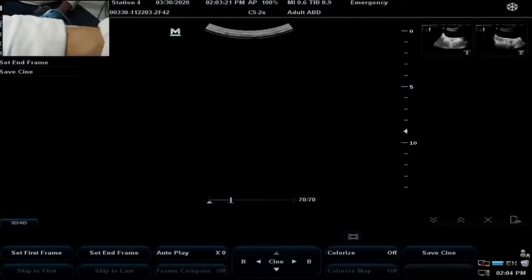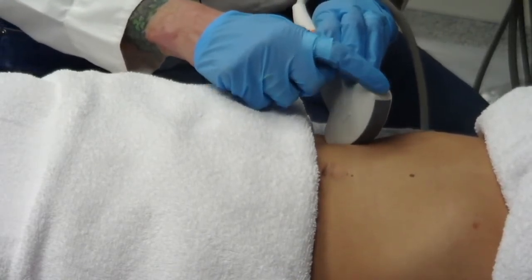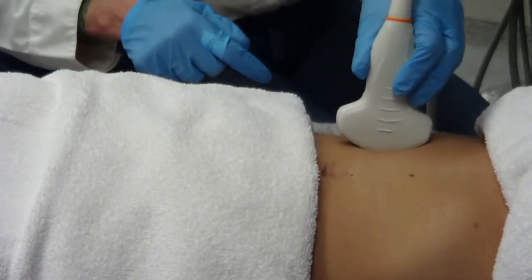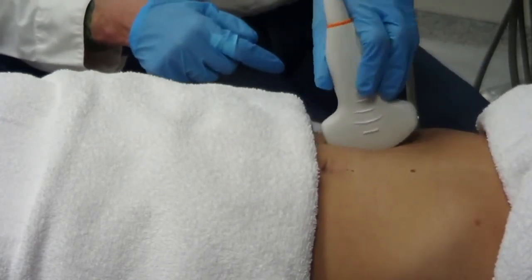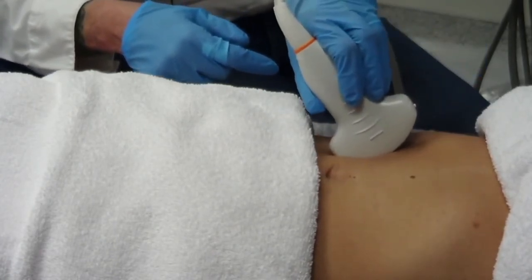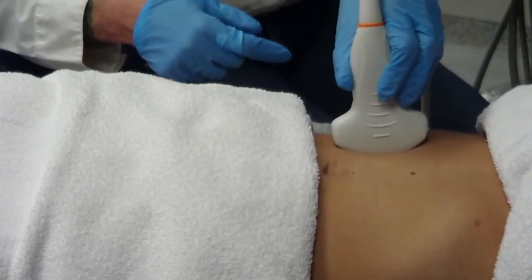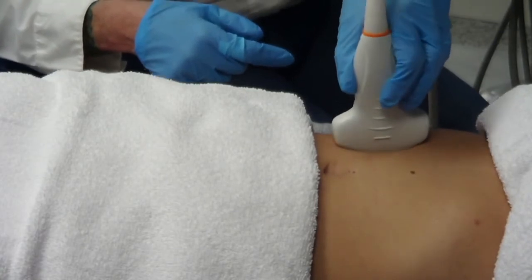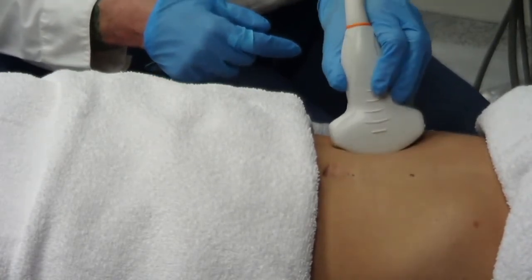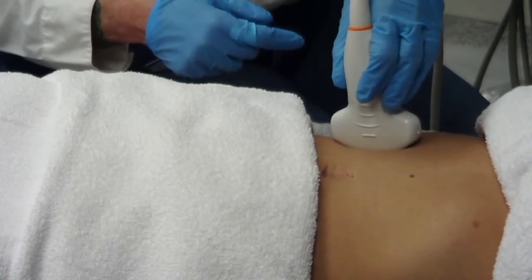The probe movements that we're going to use are likewise going to be our standard motions. When we talk about the probe marker, it represents the toe portion of our probe. So we can heel or toe and rock our probe to look either more superiorly or more inferiorly in this sagittal plane. We can also sweep or fan, and we can pivot or rotate our image.